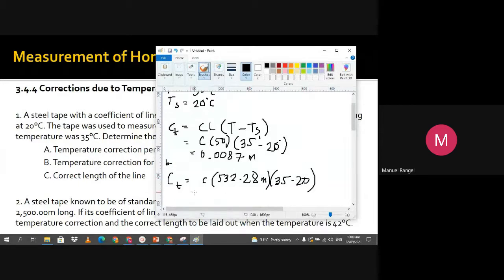So that is equals to, what's the value? 0.0926. Okay. So again, that is positive kay tape is too long, 0.0926 meters.